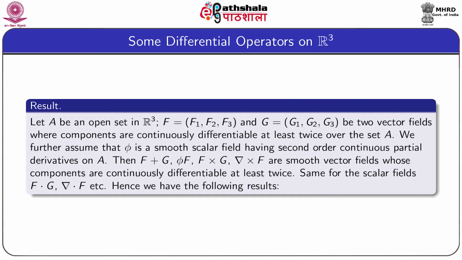Result. Let A be an open set in R3. F and G be two vector fields whose components are f1, f2, f3, g1, g2, g3 respectively.